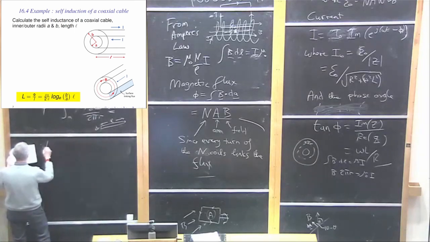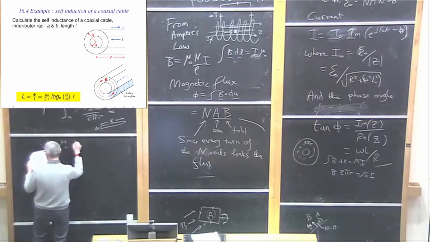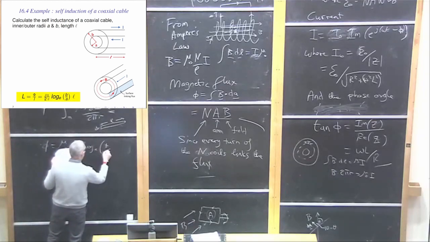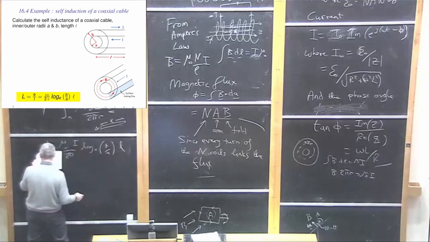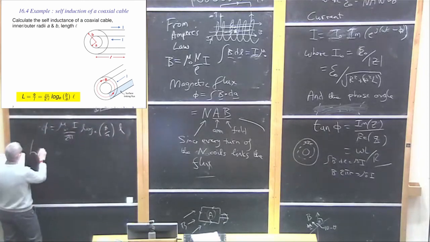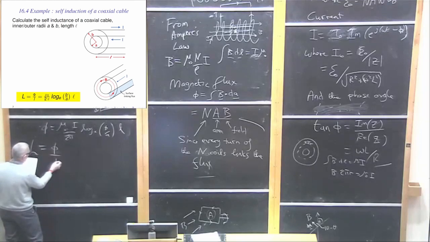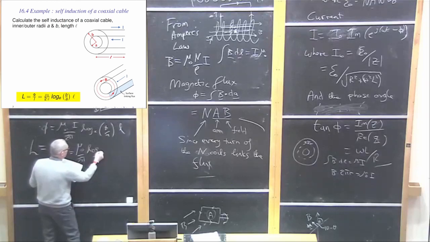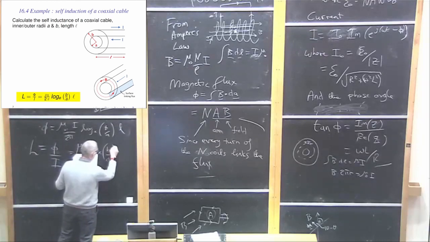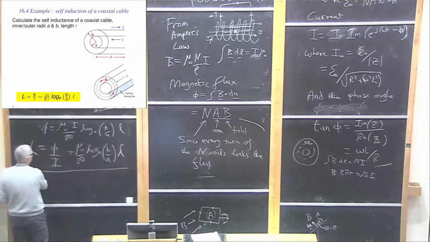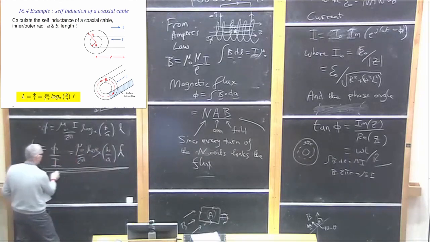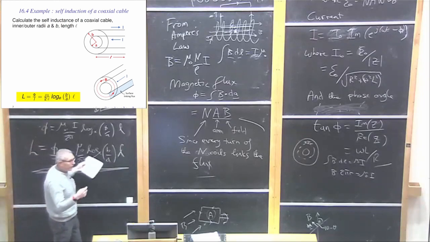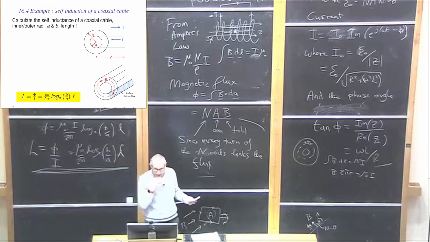So if I do that, phi is mu naught I over 2 pi, log of B over A, times L. And so the inductance, phi over I, is equal to mu naught over 2 pi, log of B over A, times L. And that is the self-inductance of a coaxial cable, which is the same as the self-inductance of concentric cylinders.